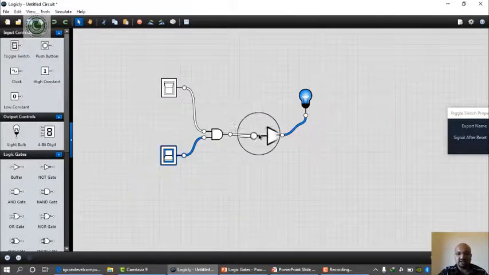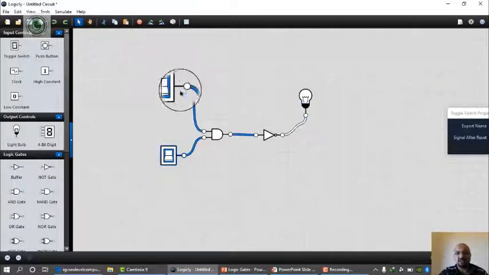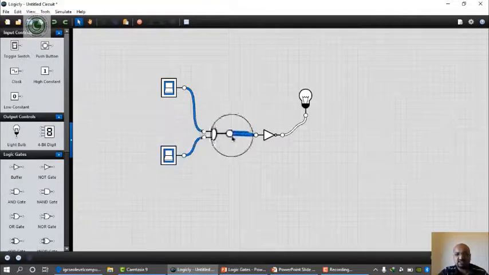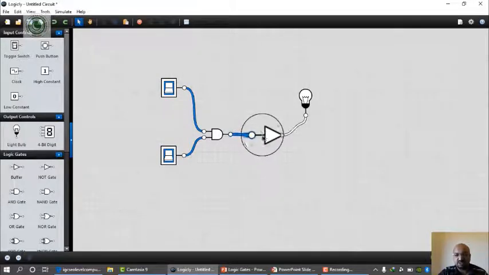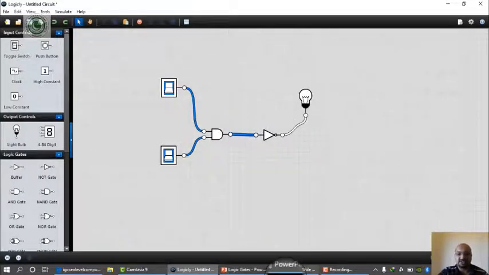What will happen if I give A and B input as high voltage? Now see, A is high voltage, B is high voltage, and it is converted into high voltage here, but it is a NOT gate. The NOT gate converts 1 into 0, high voltage into low voltage. That's how we are getting a 0 here.